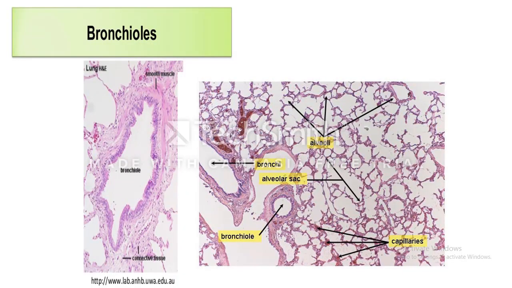This is the bronchiole. Okay, please look at this. Very good. This is the respiratory bronchiole. Why? Because this bronchiole opens to alveolar duct, and this is terminal bronchiole. Very good.